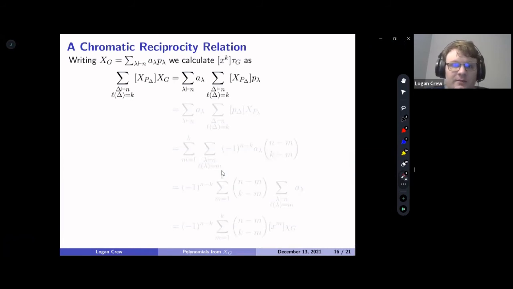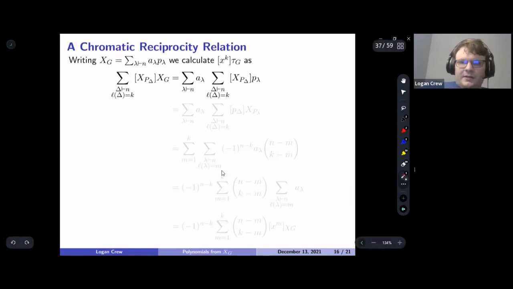So we can discover some sort of reciprocity relation. As you might be horrifyingly seeing, I have included a long series of calculations here, but I'm going to go through them. So let's suppose that we have our chromatic symmetric function X_G. We're going to say a_lambda is the coefficient of p_lambda. And we want to figure out, can we figure out the coefficient of the tree polynomial from this?